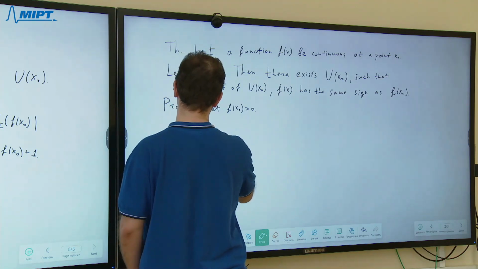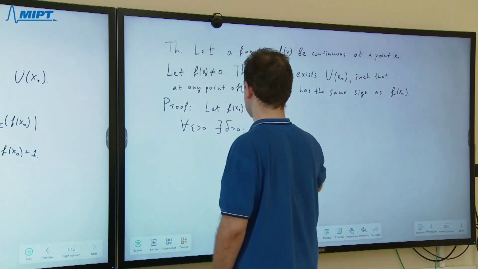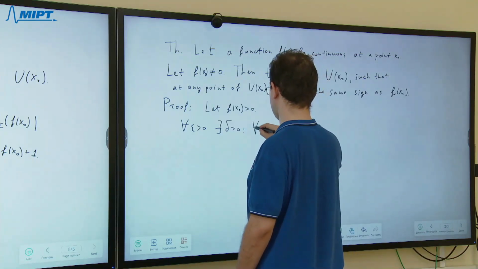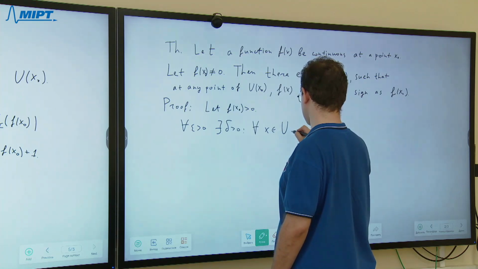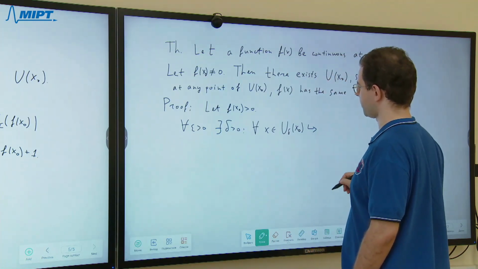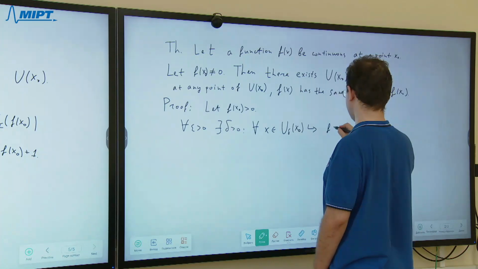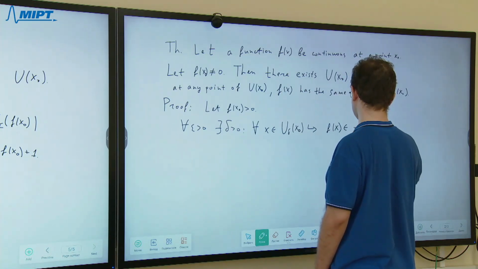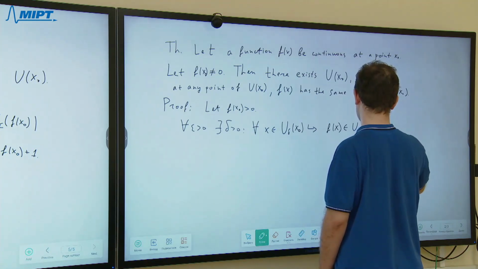For any epsilon, there exists delta, such that for any x from delta neighborhood of x0, it follows that f of x is from epsilon neighborhood of f of x0.